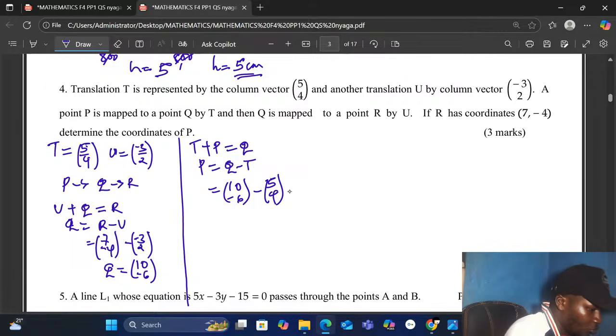We subtract the two to get the value of P. So our P will be equal to (5, -10).